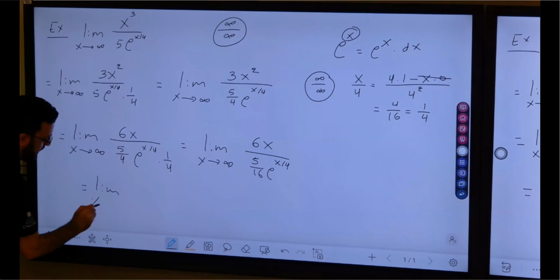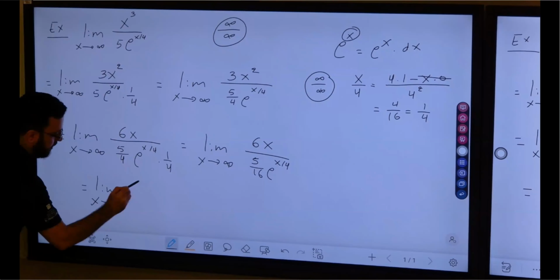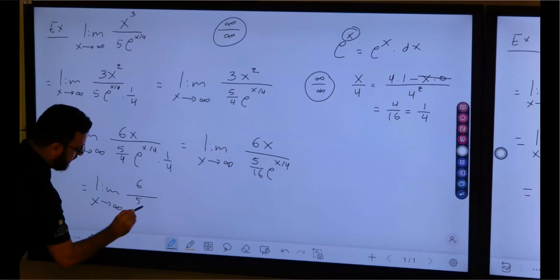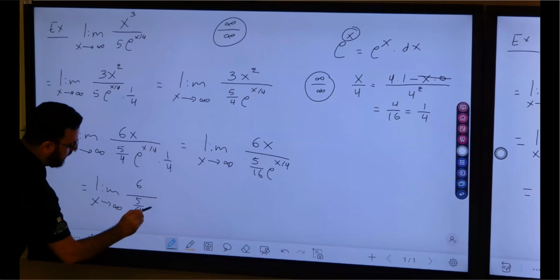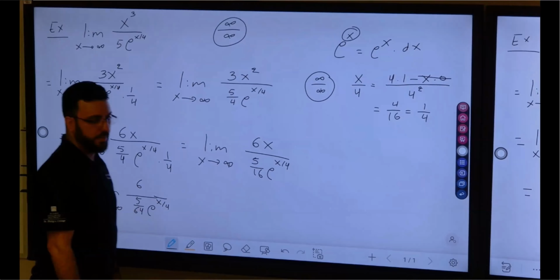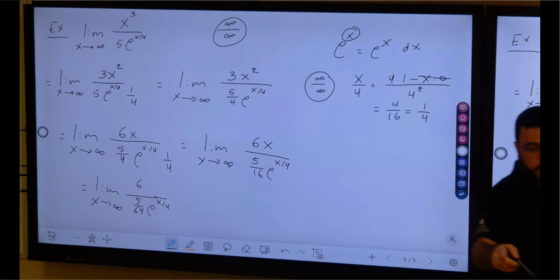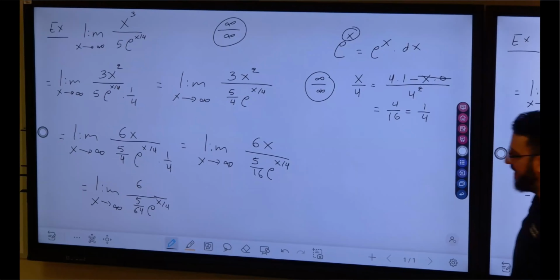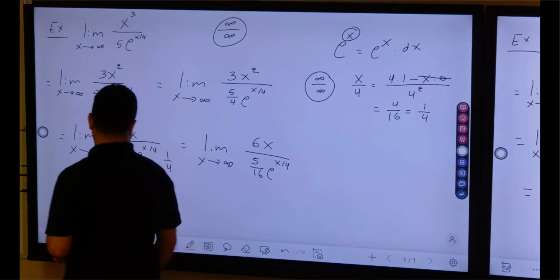The limit as x approaches infinity is going to be 6 over 5 over 64 e to the x over 4. Now what's the next step? You got it or you lost?